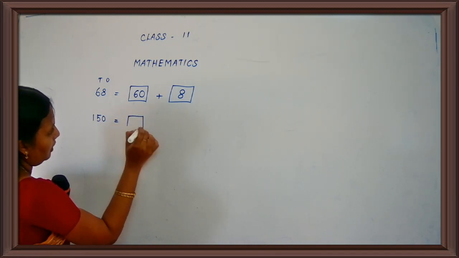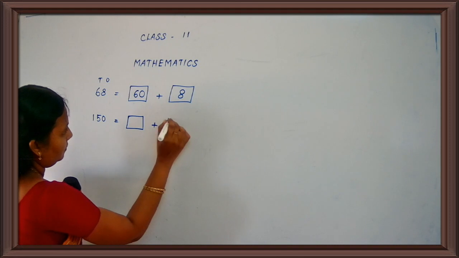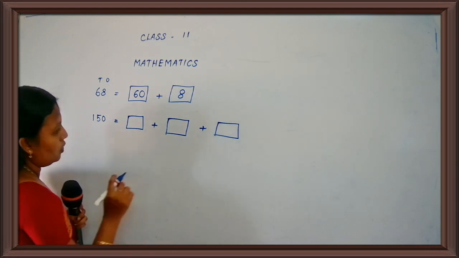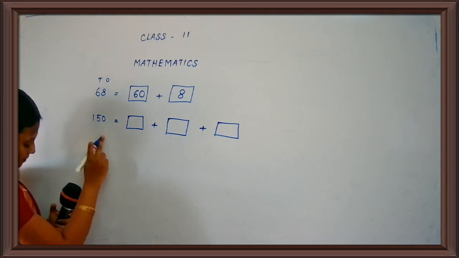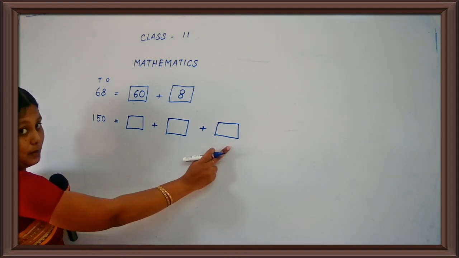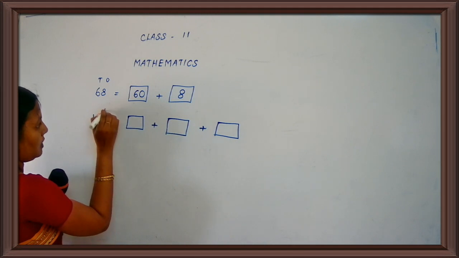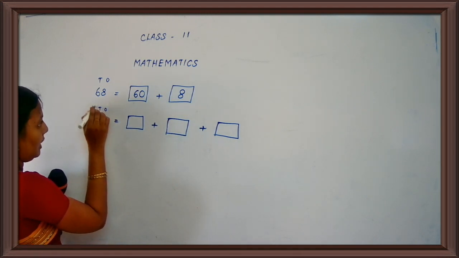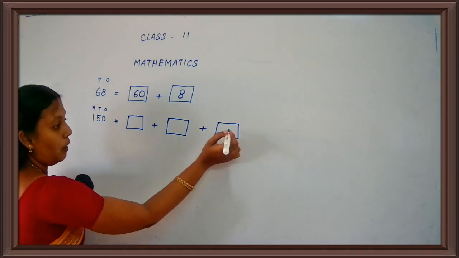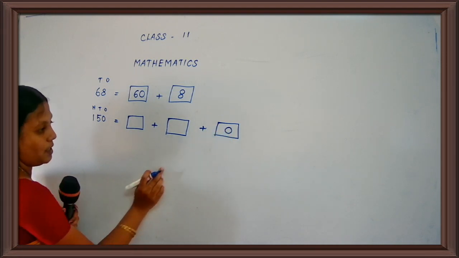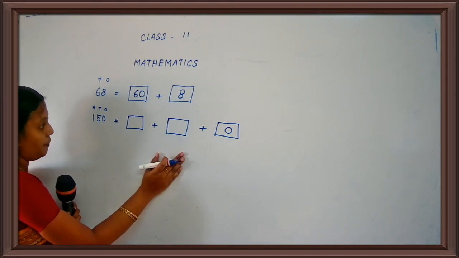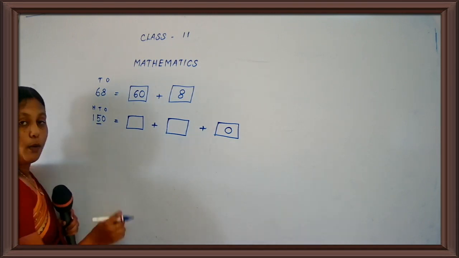First we want to fill the ones column. Okay, how many ones are there? 5. So we want to write 5 in the ones column. Okay children. Five in the ones column. Then see the next one, E. 215.